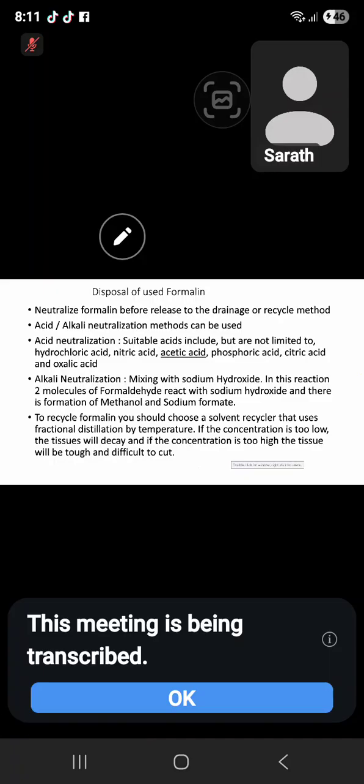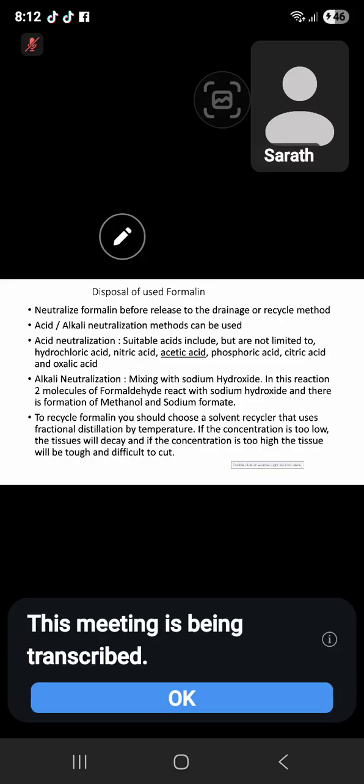Second one, alkali neutralization. You can mix with sodium hydroxide. Sodium hydroxide is a very cheap chemical. Don't go for a very high grade expensive chemical, not the analytical grade, not purified, just sodium hydroxide.